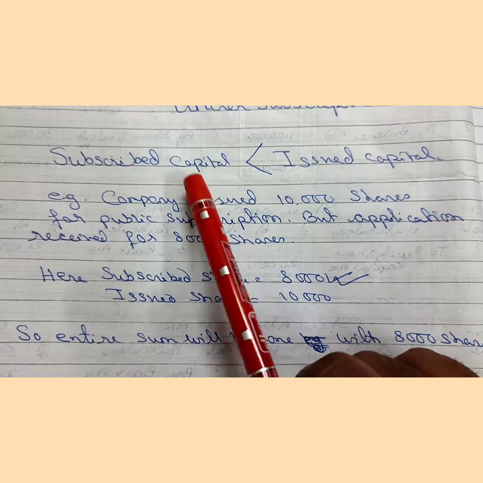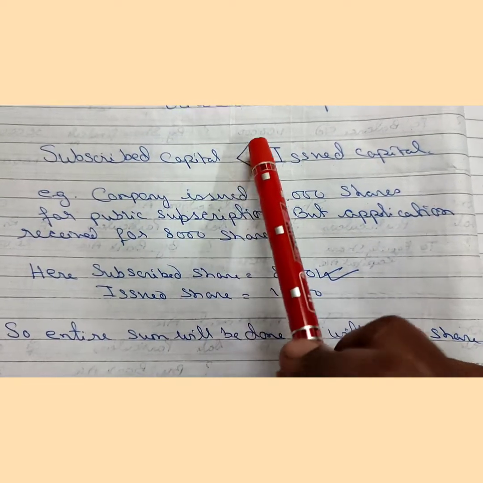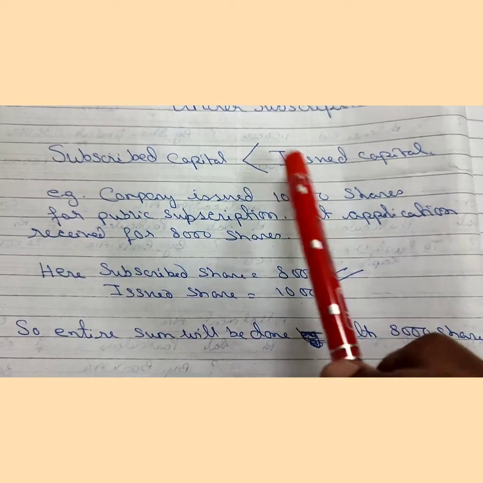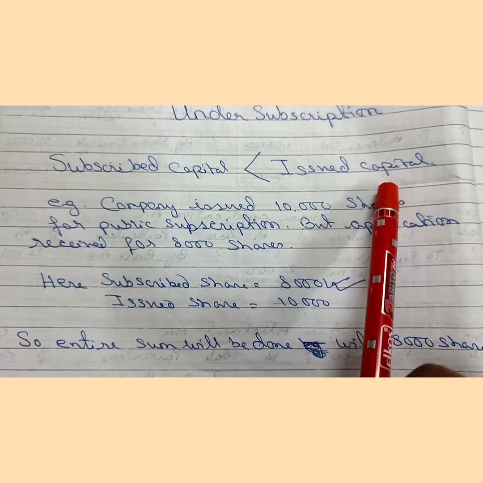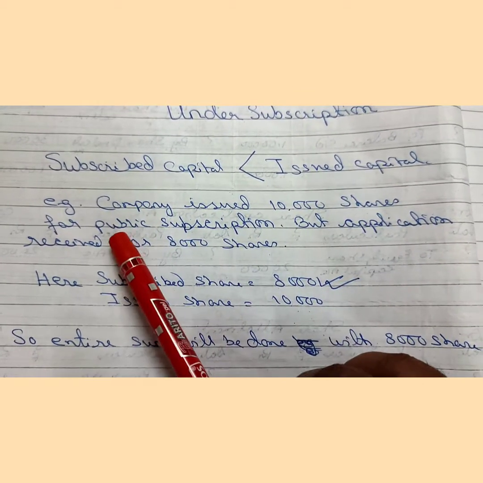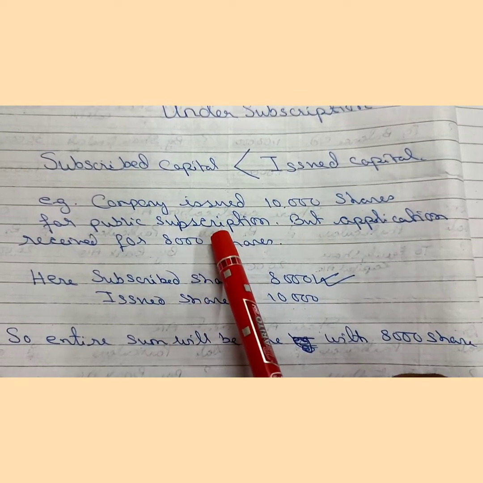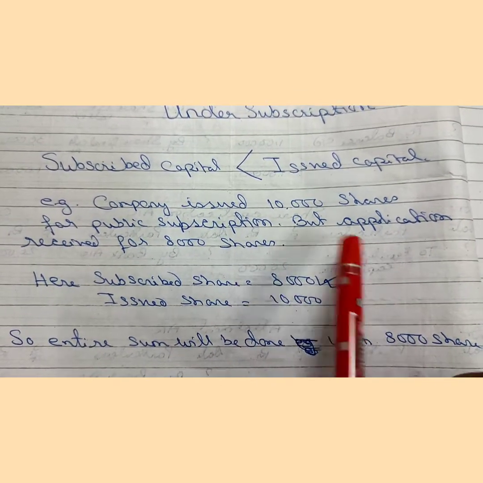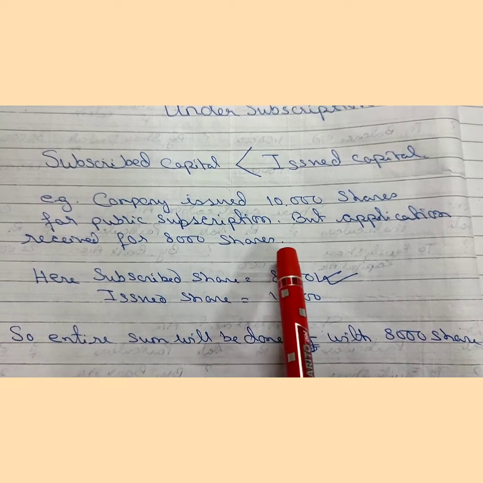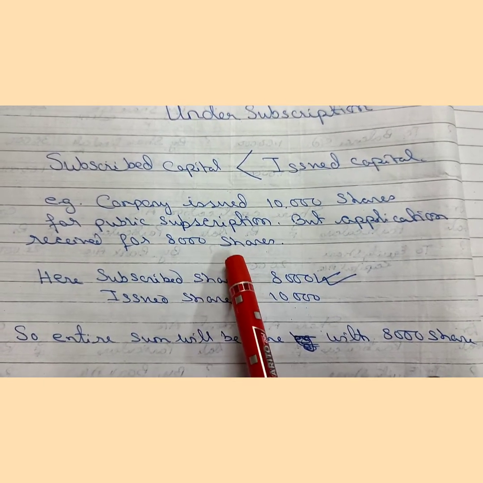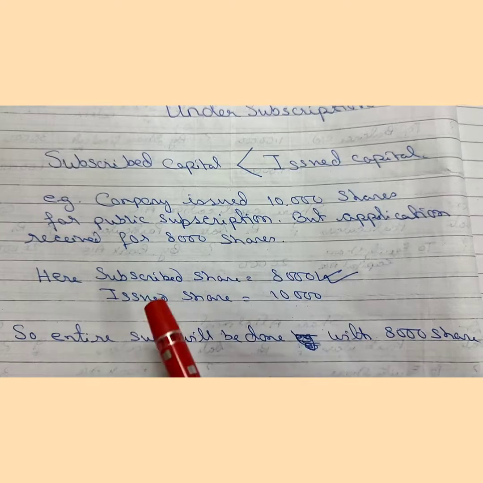What is written here? If subscribed capital is less than issued capital, then it is called under subscription of share. Example, the company issued 10,000 shares for public subscription, but applications were received for 8,000 shares. This is called under subscription of share.